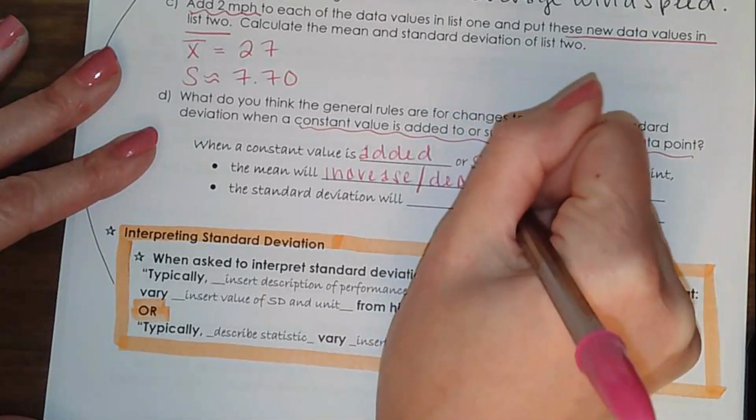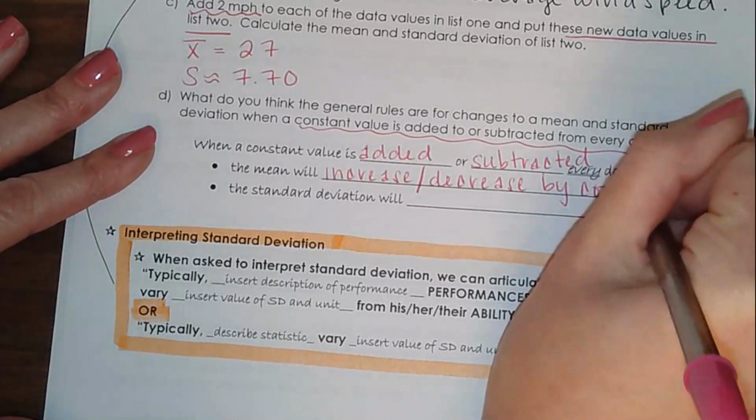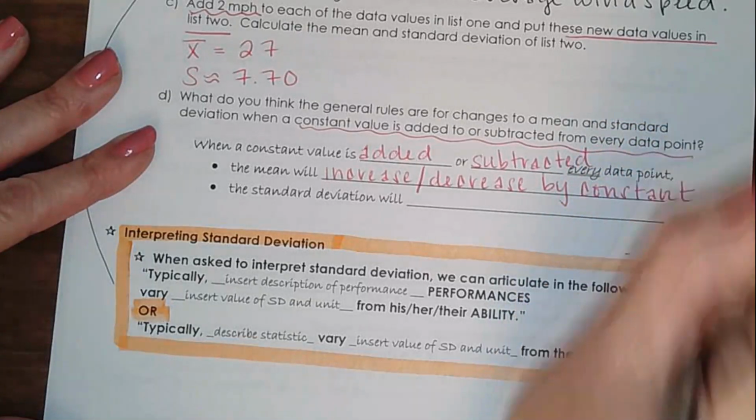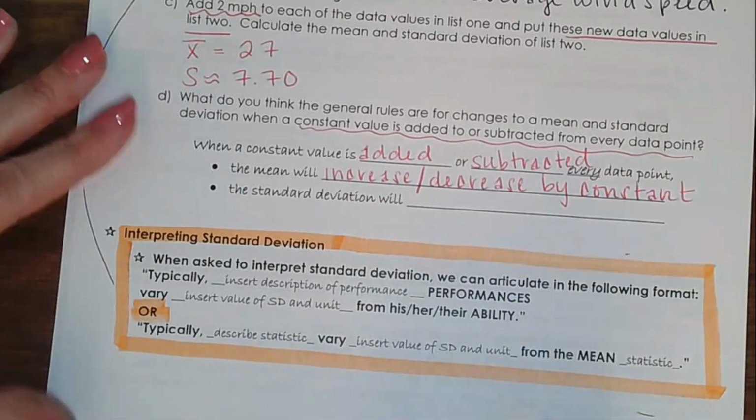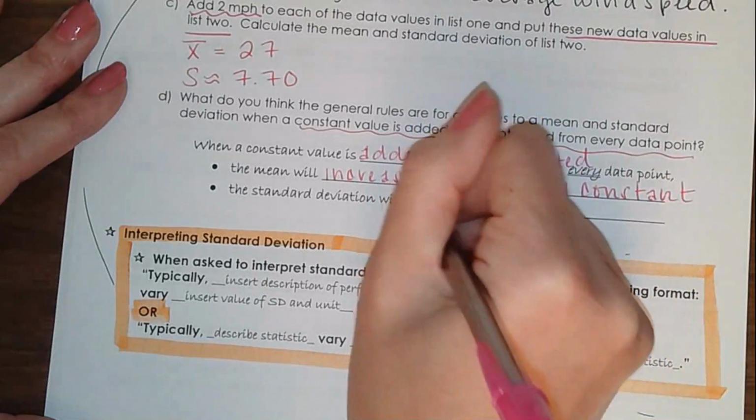Decrease by that constant. So your measure of center will change, your mean will change. What happens to your measure of spread, your standard deviation? It's going to do what? Stay the same.